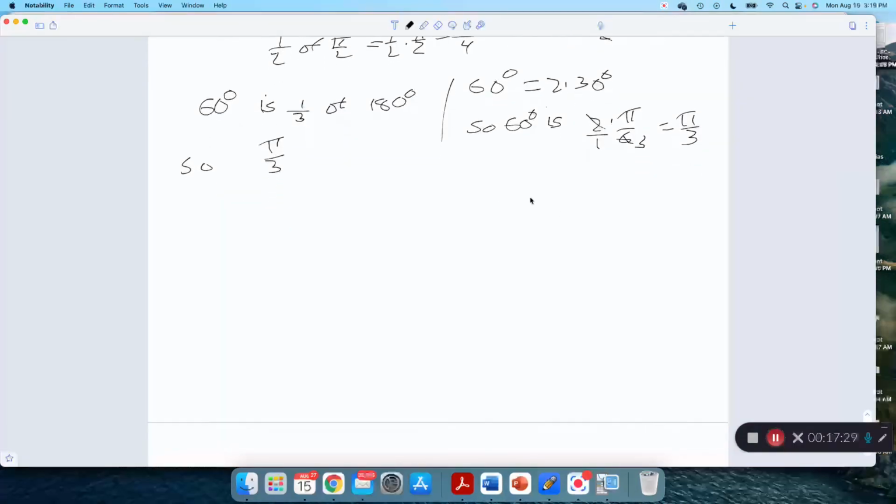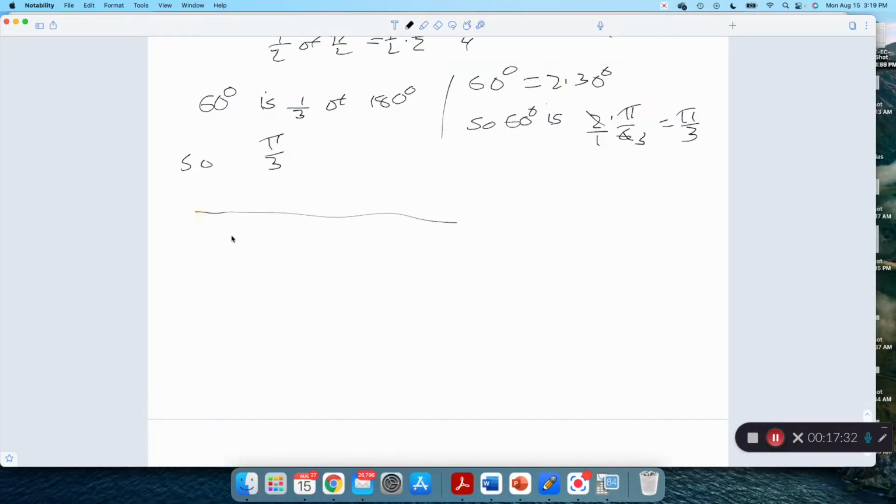Okay, real quick, let's do one that's maybe a little harder. Maybe let's do 25 degrees. Let's convert to radians. Now, I can't do in my head what fraction of 360 25 is.